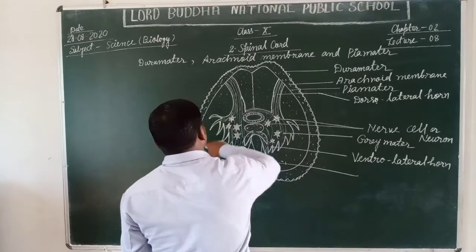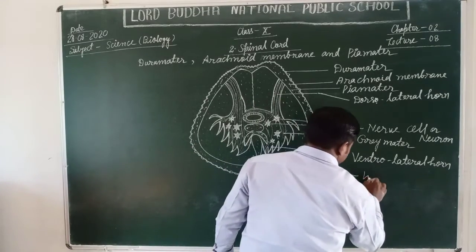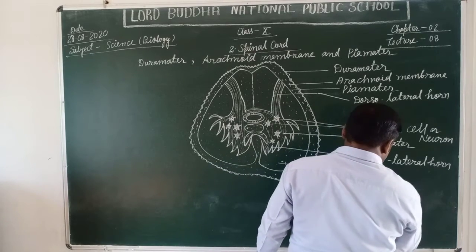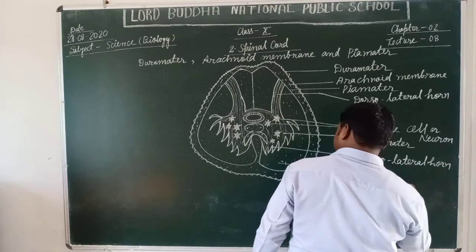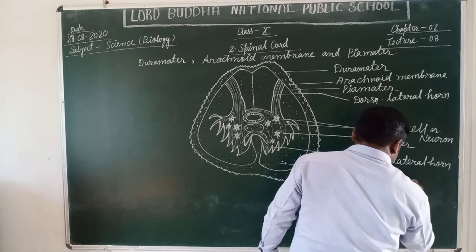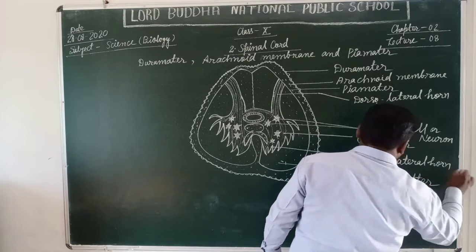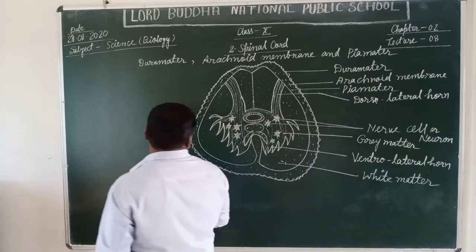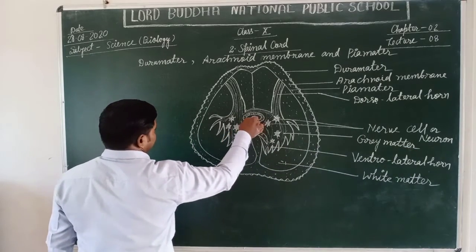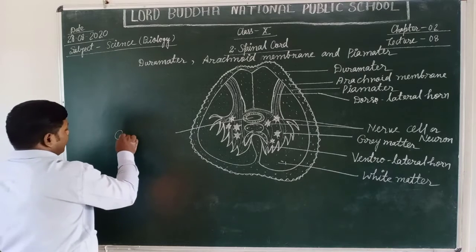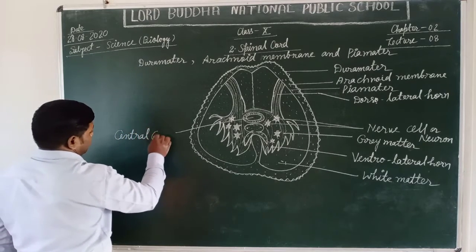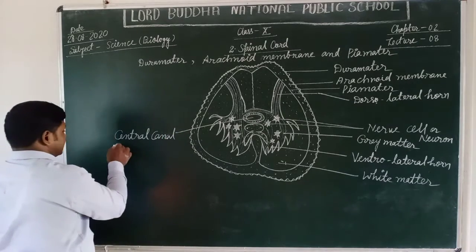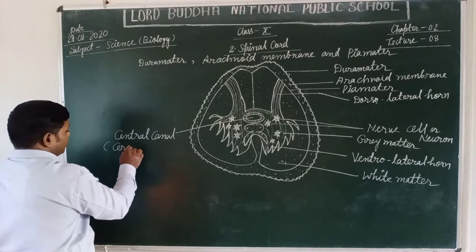And these regions appear white in color due to the presence of axons and dendrites of the nerve cell or neuron, that is called the white matter. Students, this is the central canal of the spinal cord, and it is filled with the fluid called CSF, which means cerebrospinal fluid.